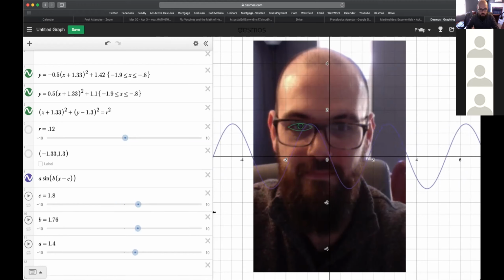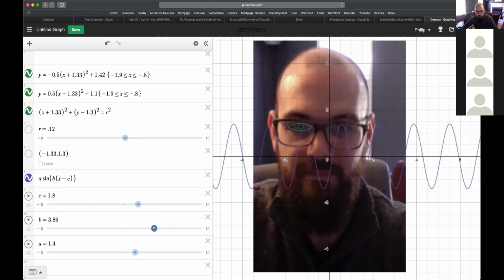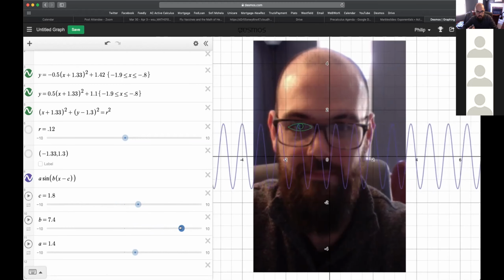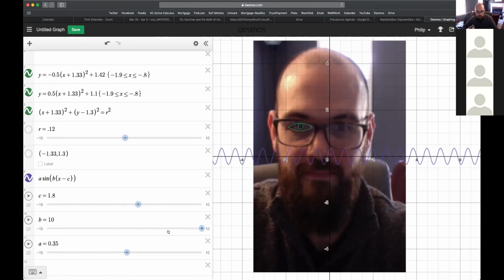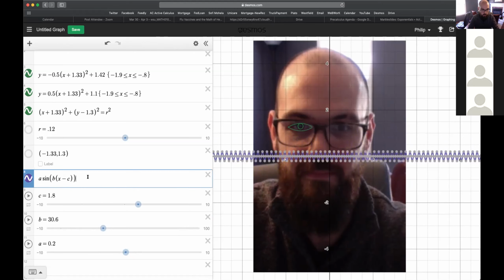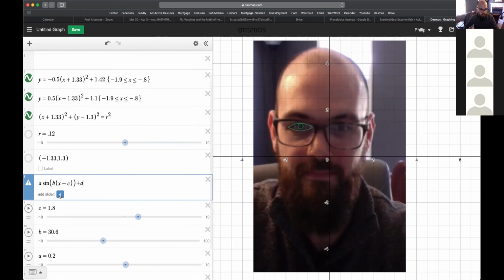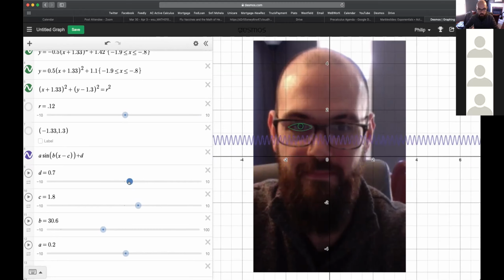Say I want it to be a little cartoony and maybe make myself a crazy mustache, right? So I could bend it like this, where I could even add on to this slider. I can make it like 100 or something. So I could make this a crazy mustache. And if we have a plus D on the outside, then we can shift it up and down.